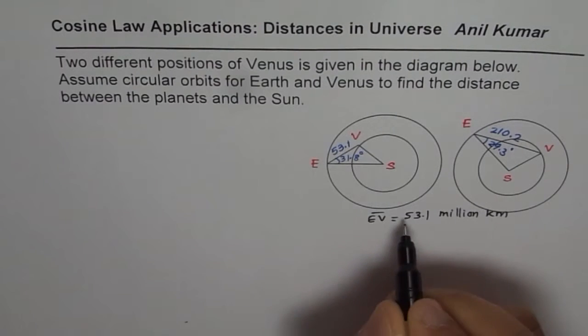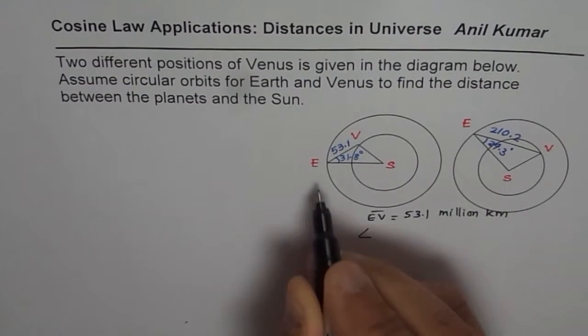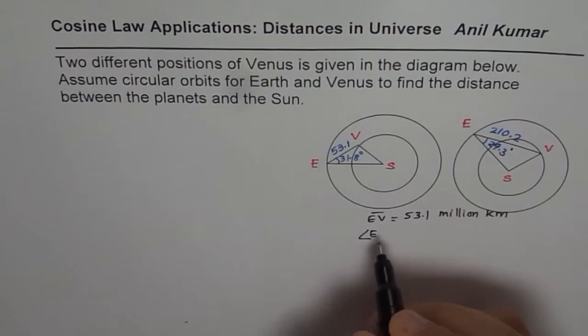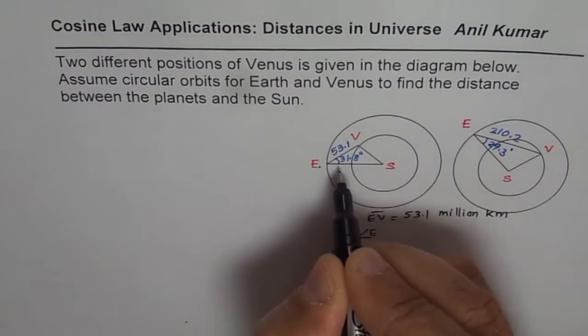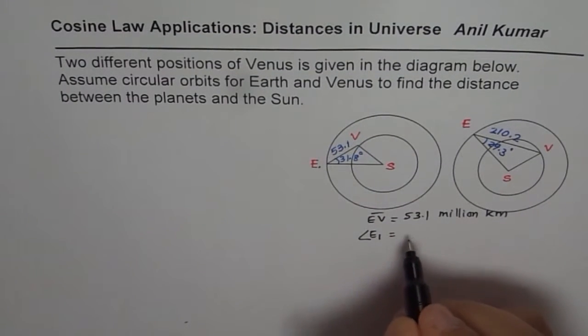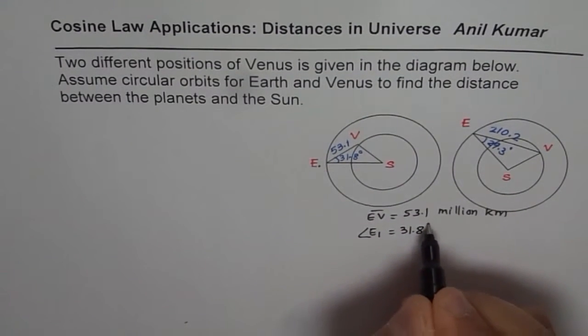So that is the distance, and the angle in this particular case, let me write this as angle 1, at E. So angle 1 in position 1 is 31.8 degrees.